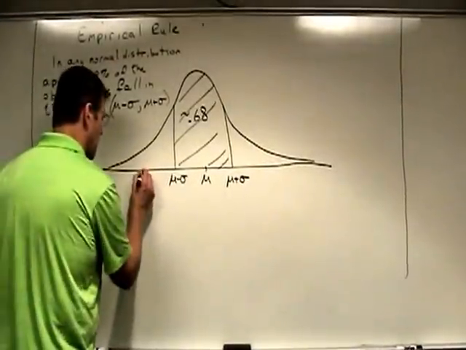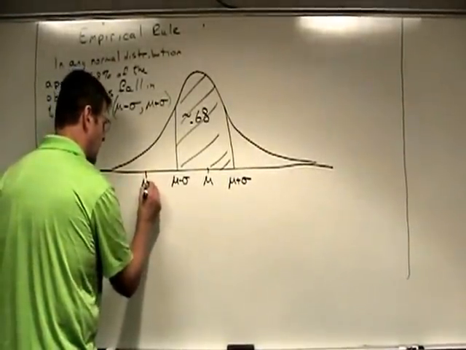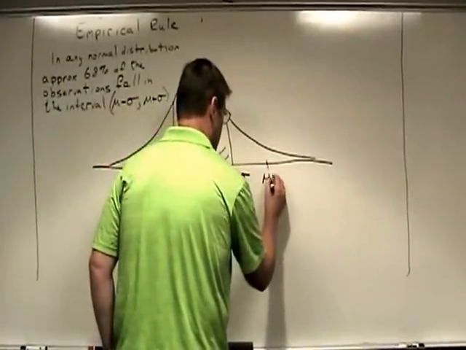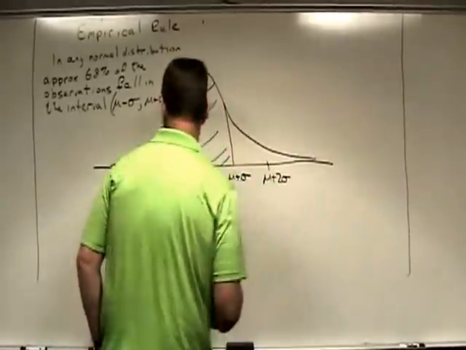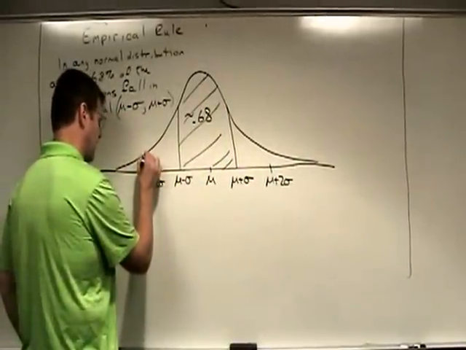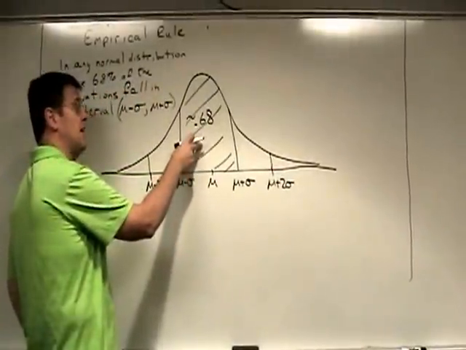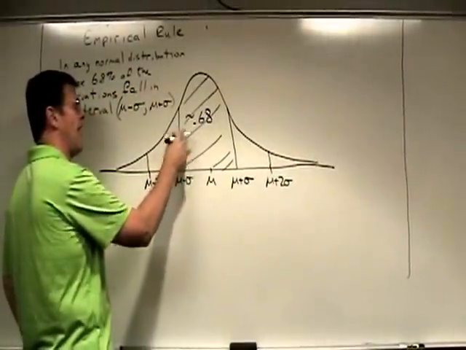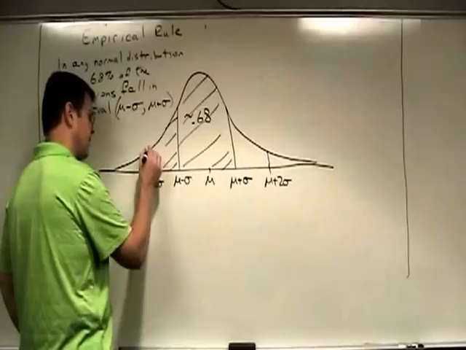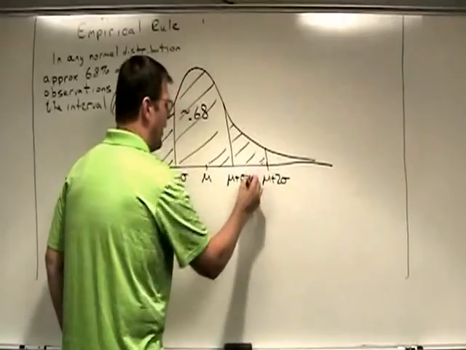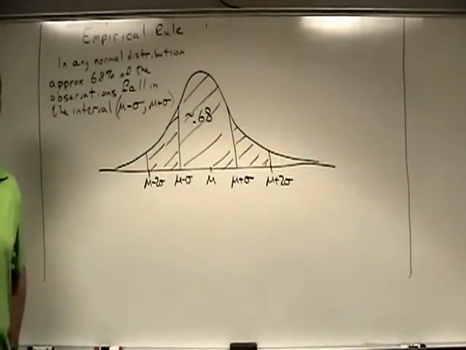There are also percentages associated with mu minus 2 sigma to mu plus 2 sigma. So now we're taking this interval. We're taking the 68% we originally had, and we're going to add on that much right there, and that much right there.